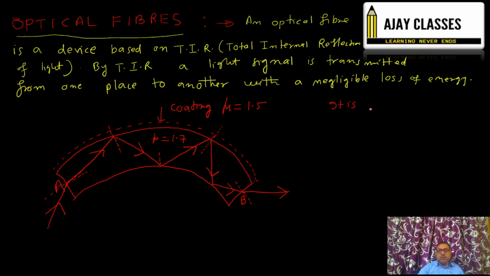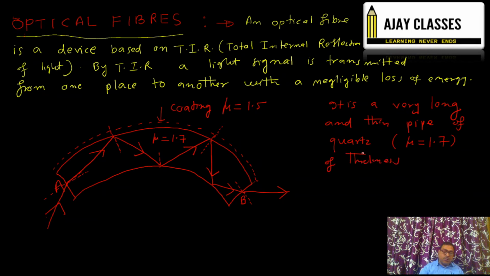It is a very long and thin pipe of quartz where the refractive index of the quartz is 1.7, of thickness nearly equal to 10 to the power minus 4 meter.